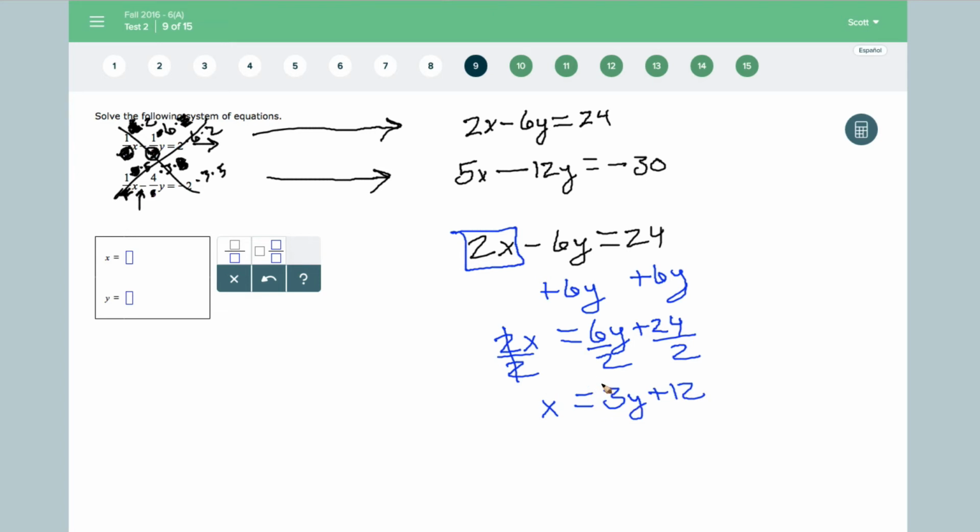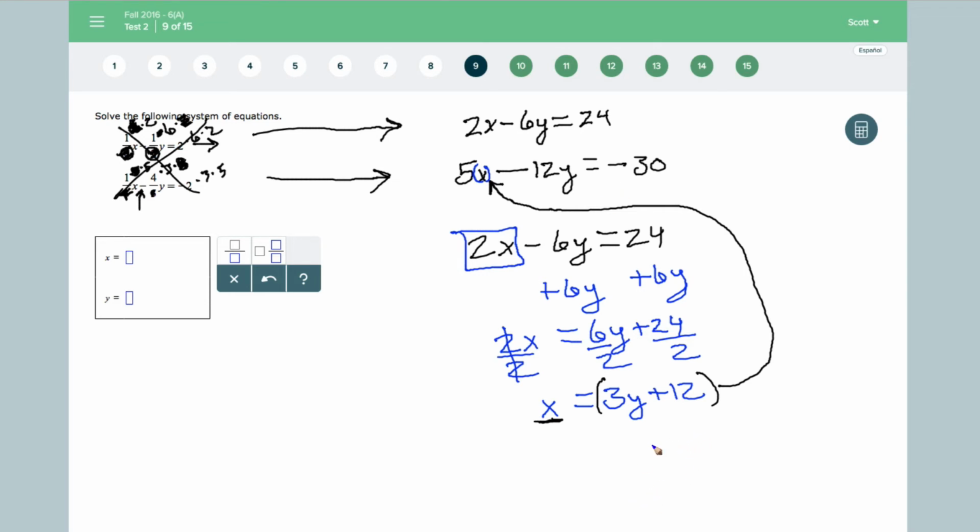And from here, you have your parentheses that you can now plug in for x. So you take those parentheses and you rewrite the second equation, putting those numbers in for x. 5 parentheses 3y plus 12 parentheses minus 12y, and you solve for y.